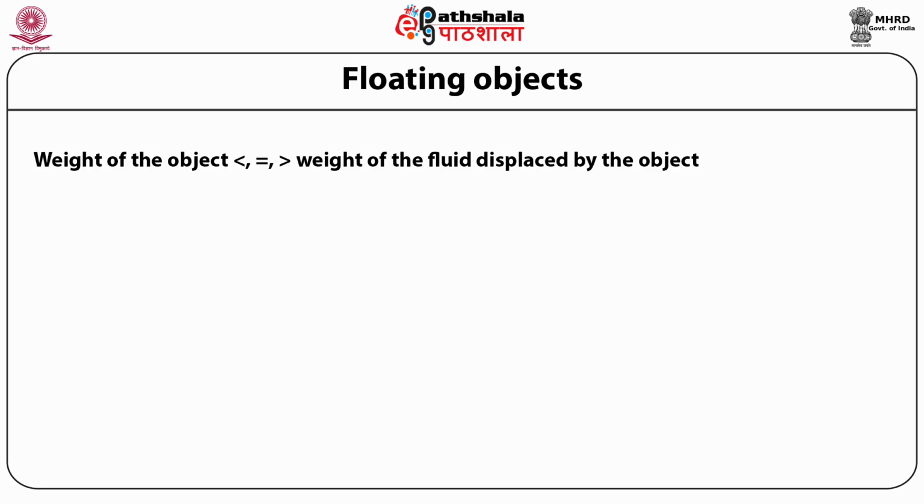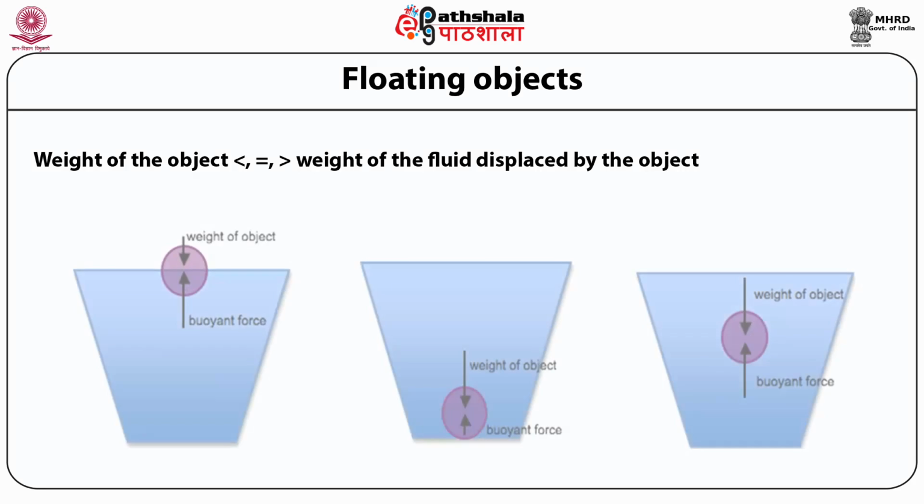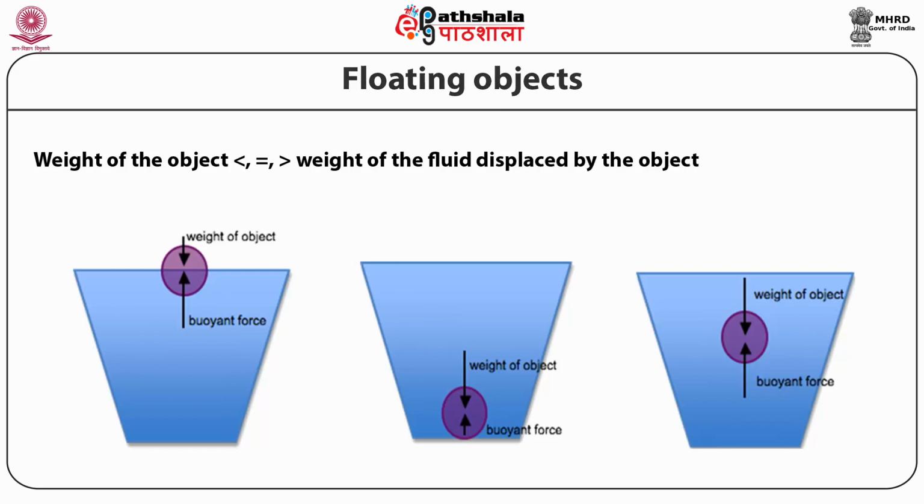Depending on the weight of the object and the weight of the fluid displaced by the object, whether it is smaller, equal or larger, the object can float on the surface of the fluid, or go to the bottom, or float inside the fluid. It all depends on the difference between the two weights or the two forces, which eventually comes out to be the difference between the density of the object and the density of the water.